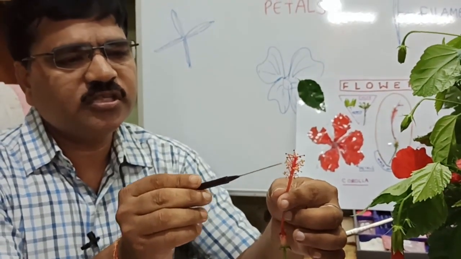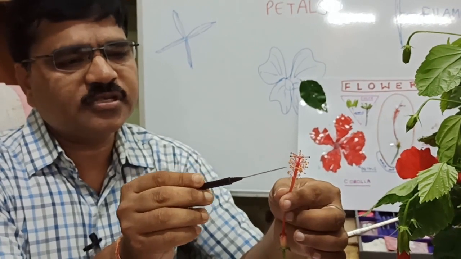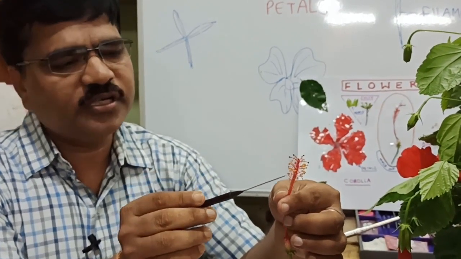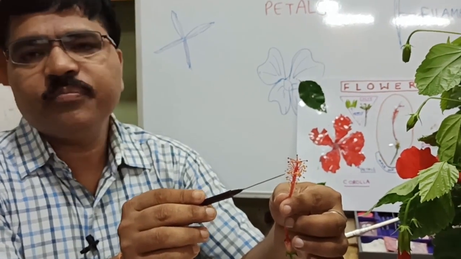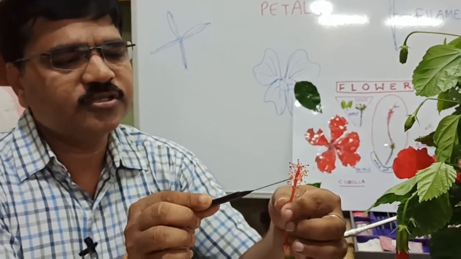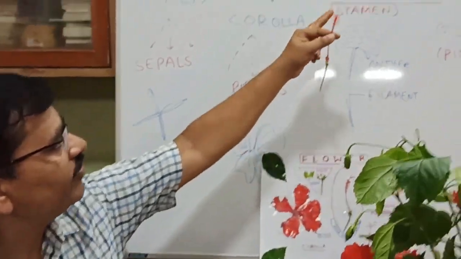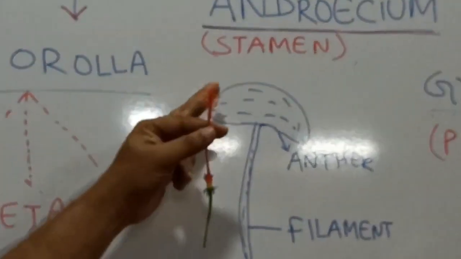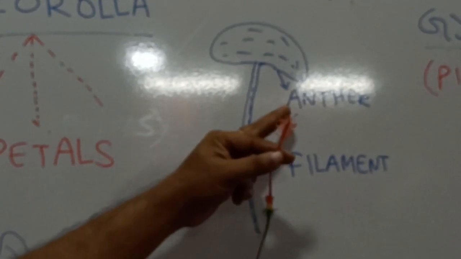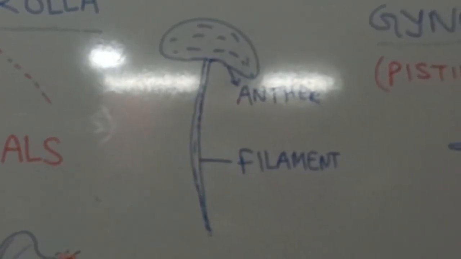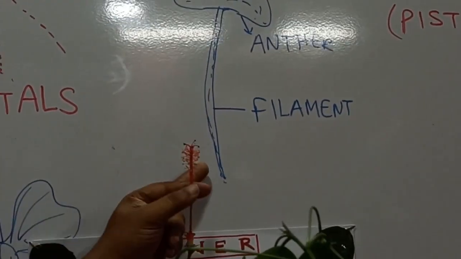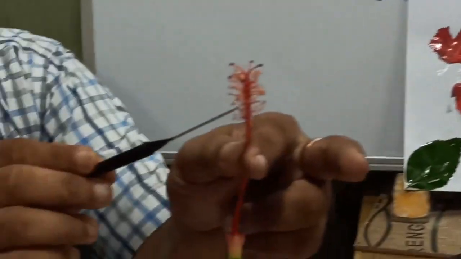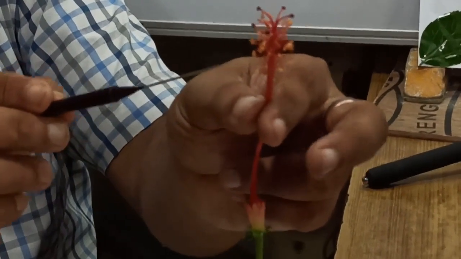These yellow colored substances are the pollen grains and they stick to the male reproductive part of the flower, that is called androecium. You can see androecium. This androecium has many parts. The topmost part is called anther, and this part is called filament. Here if you see carefully you will find it.